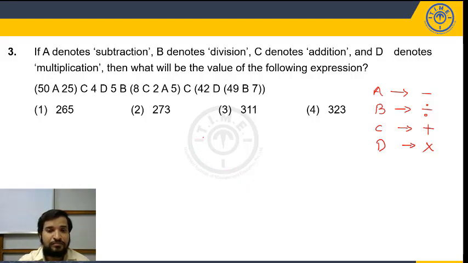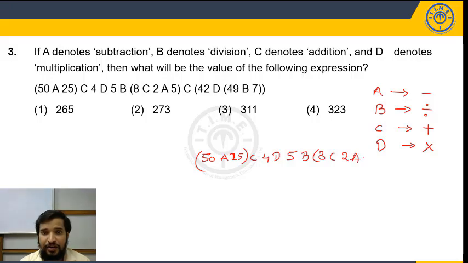The given expression is 50 A 25 C bracket 4 D 5 B bracket 8 C 2 A 5 bracket close C bracket 42 D bracket 49 B 7 bracket close.